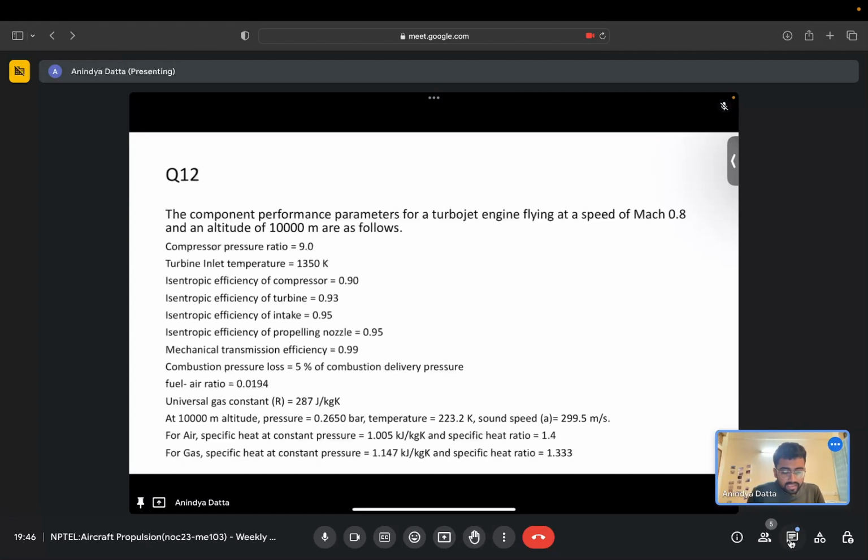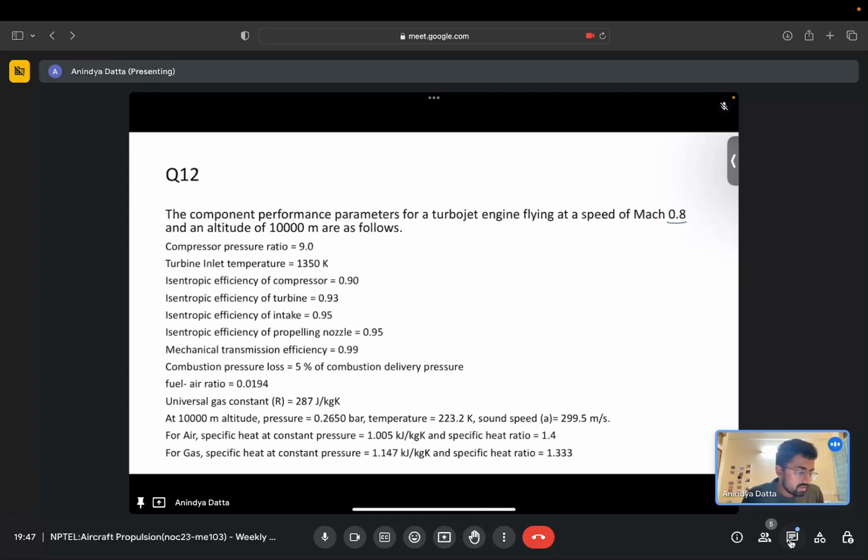We have individually analyzed each of these components, like intake, compressor, turbine, and the nozzle today, and the work matching between intake and turbines. So let's start. I have a turbojet engine flying at a Mach number of 0.8.